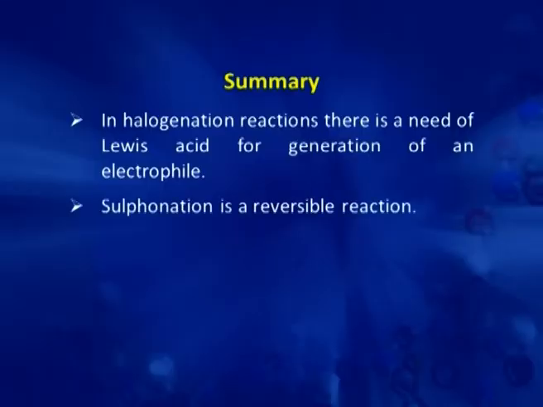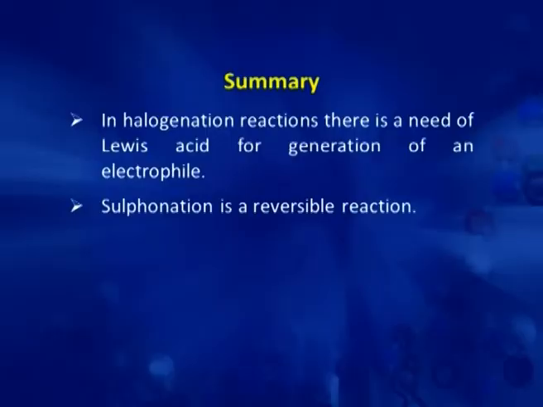We have also seen that sulfonation is a reversible reaction and shows a slight isotope effect, and that is why, by varying the reaction conditions, we can do desulfonation also. If we take concentrated sulfuric acid we get benzene sulfonic acid, and if we take water, or do the reaction in the presence of steam, then we get desulfonation and can easily remove the sulfonic acid group from the benzene ring.